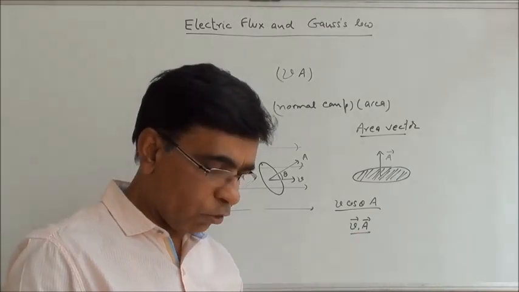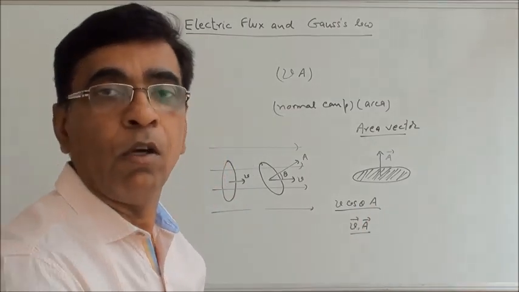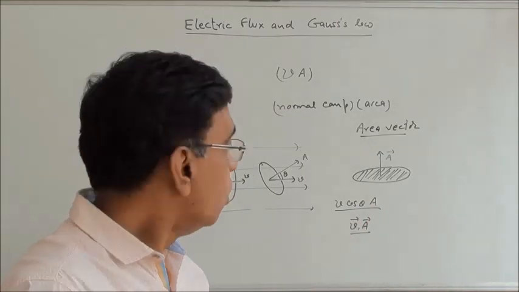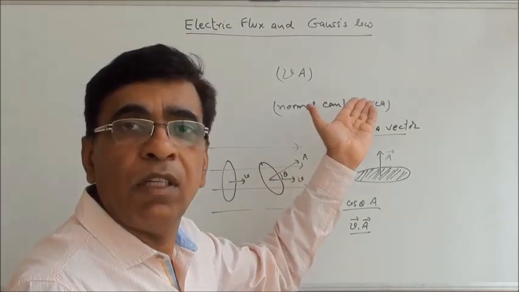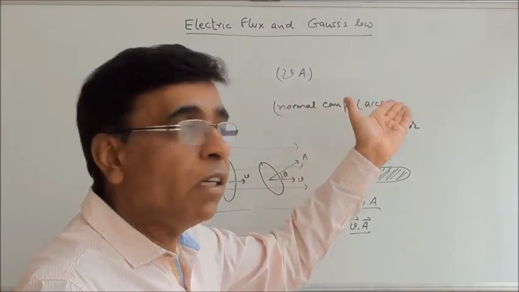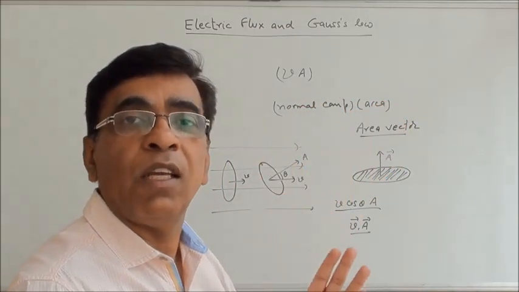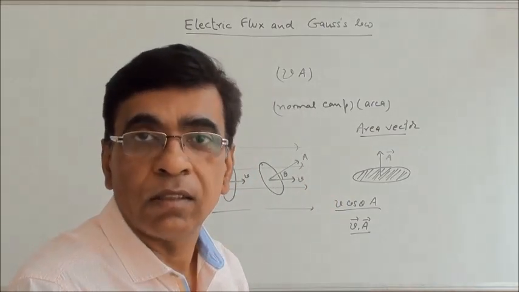Flux is not defined only for velocity, it is common. We define it for electric field also. So for electric field, it will be the normal component of electric field into area. For magnetic field, normal component of magnetic field into area. So in general, this is what flux is.